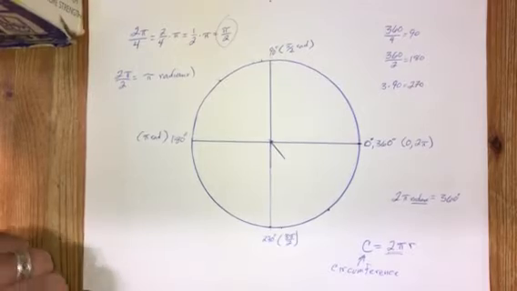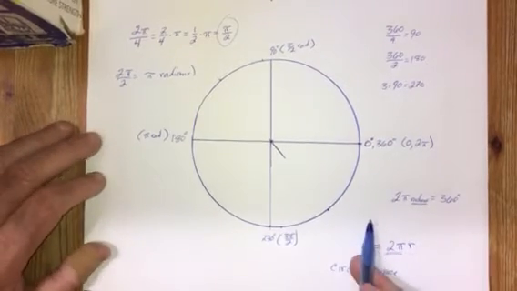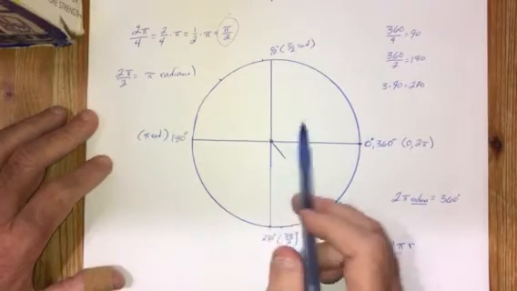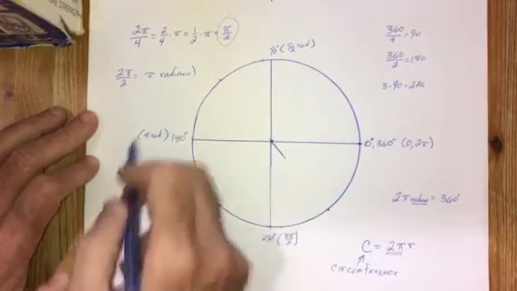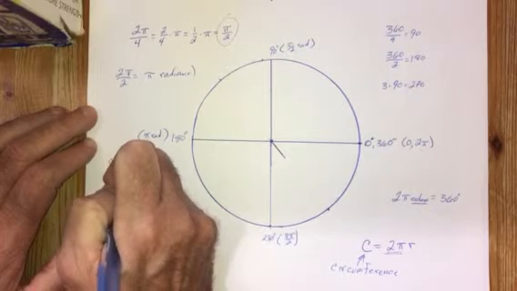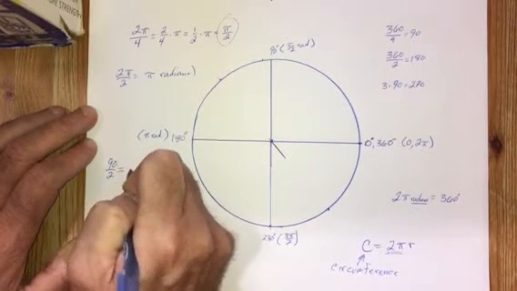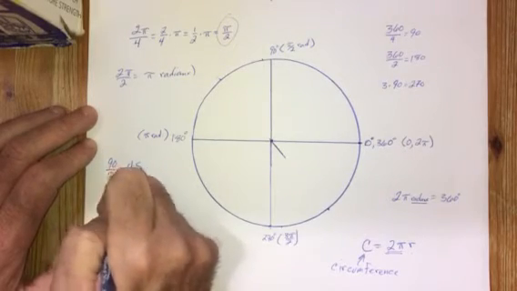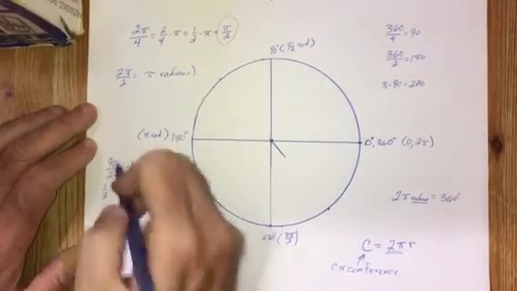Now what happens if we want to divide it into further parts? Now we can divide this into 45s. Now you know that 90 degrees divided by 2 is the same thing as 45. Or in other words, 1/2 times 90 is 45.